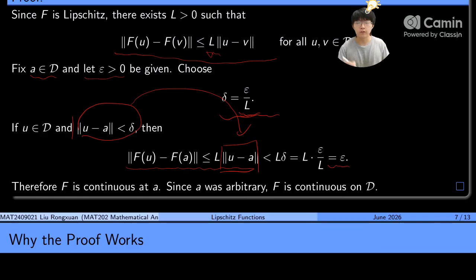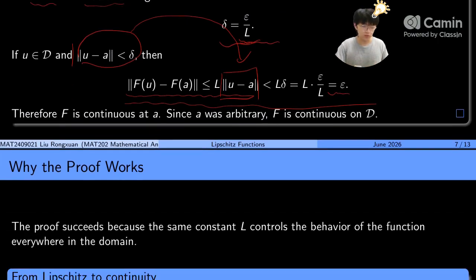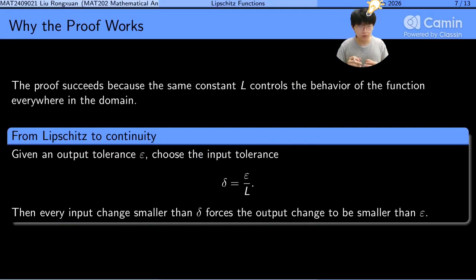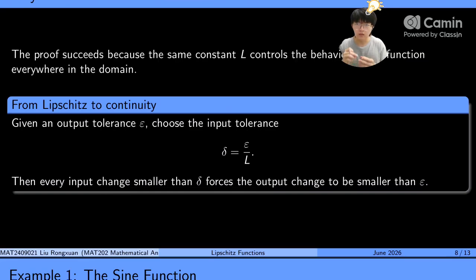Therefore f is continuous at a, because this is the definition of continuity at a. Since a is any point in the domain, f is continuous on the domain. Why does the proof work? Because the constant L controls the rate of change of the function everywhere in the domain, so we can choose delta to be something.